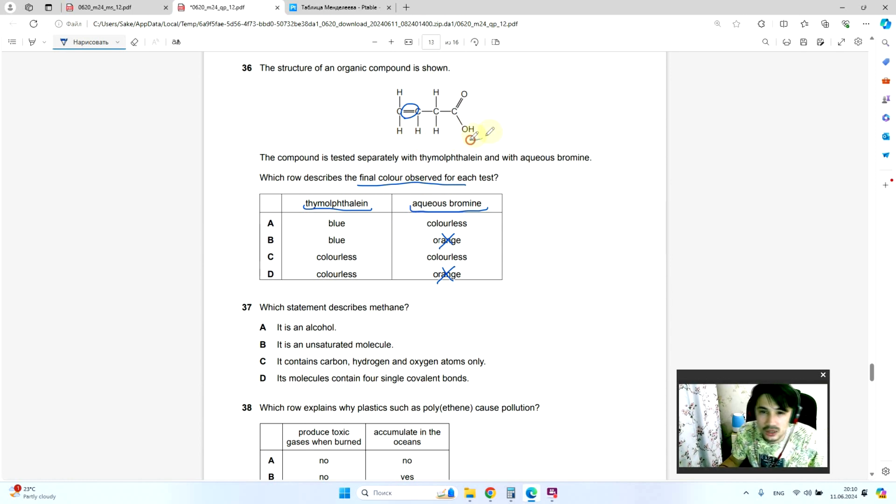You see another functional group, a carboxylic acid, so you need to know the color of thymolphthalein in acidic solutions. As I remember, thymolphthalein was colorless. Yep, and that is the correct option. So it's colorless, and it's probably blue in a basic solution.